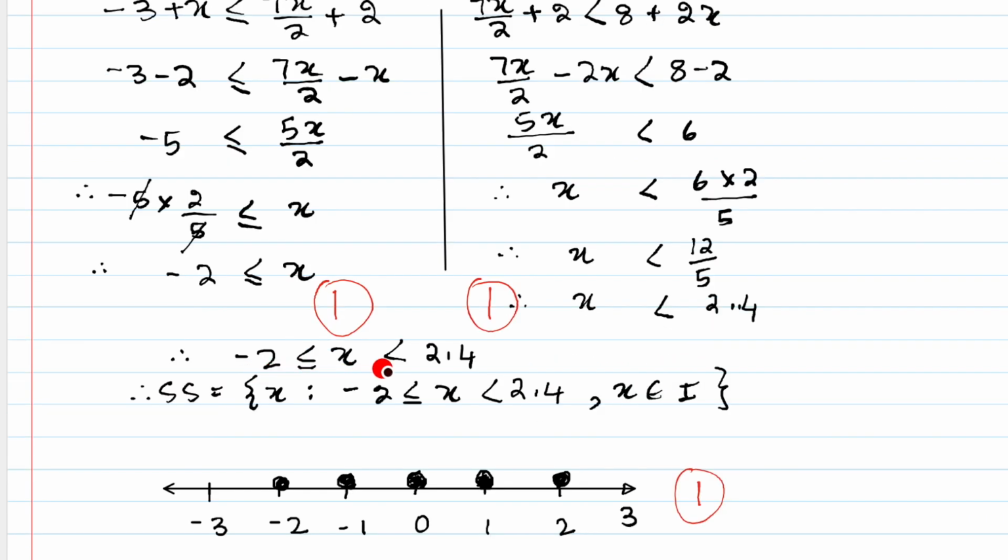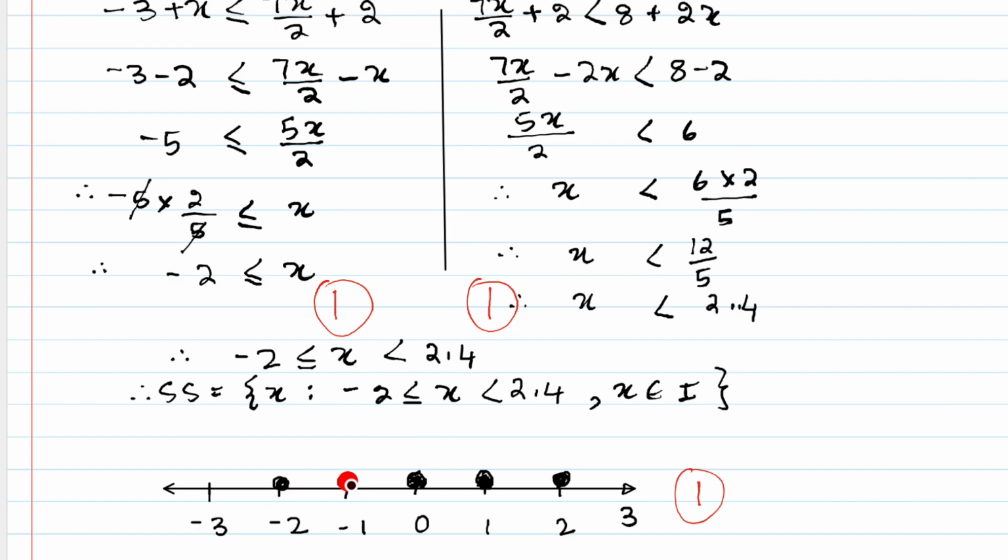Then we write the values here of x, copy this as it is, and then x less than 2.4 we combine with this, and the solution set will be -2 less than or equal to x less than 2.4, and x belongs to I. Now if it's an integer, it will be equal to -2, so we write -2 with the shading here.